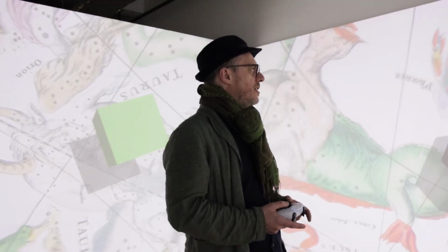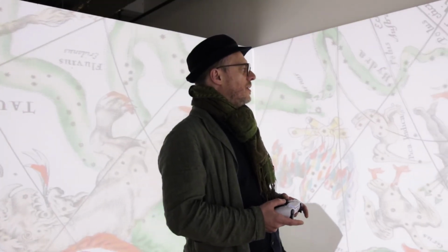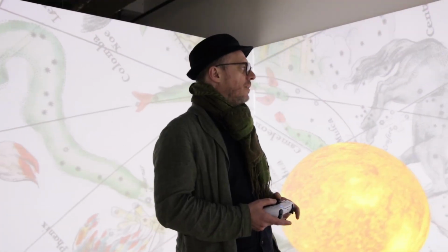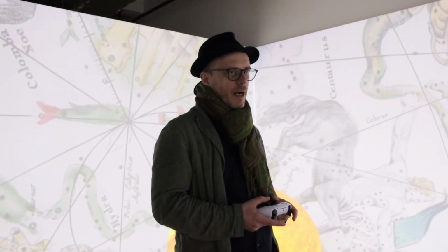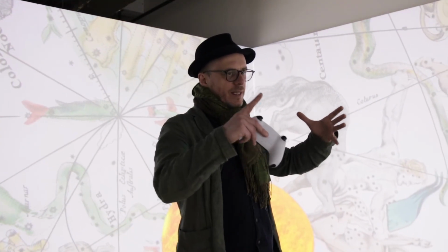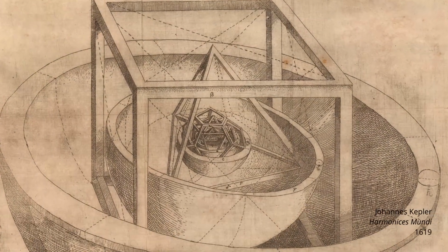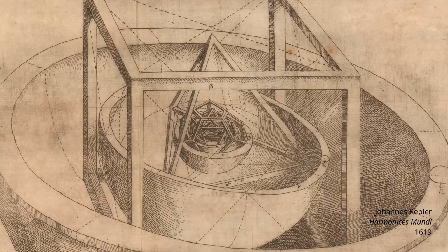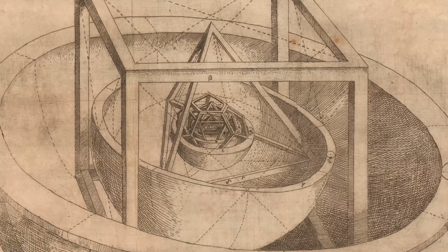Kepler imagined that you can take the basic Platonic geometrical bodies and stack them inside each other. For example, you take the cube, inside the cube you would have a tetrahedron, inside the tetrahedron you would have an octahedron, and so forth.